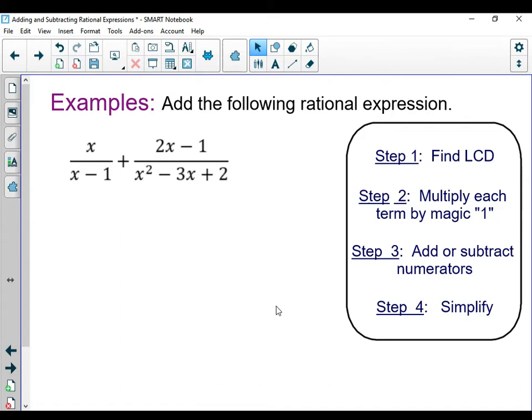Okay. So first thing I want you to do, even though it says the first step is to find the least common denominator, the first thing I want you to do is factor. So just like all the problems yesterday, the first thing I want you to do is factor.